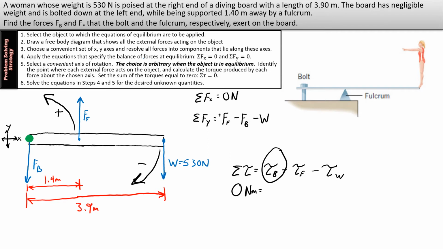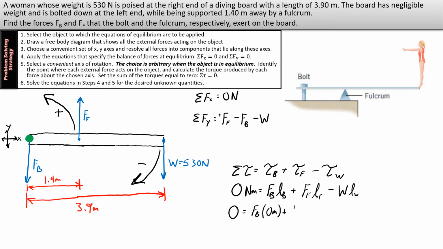The torque is equal to the force times the lever arm. We learned that yesterday. This torque is the fulcrum force times the lever arm for the fulcrum, and then the weight torque is equal to the weight times the lever arm for the weight. I'm using my subscripts again to keep everything nice. So 0 is equal to, well, this force we don't know, but we know this lever arm is 0 meters.